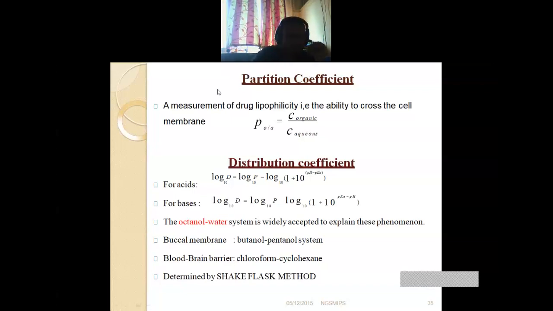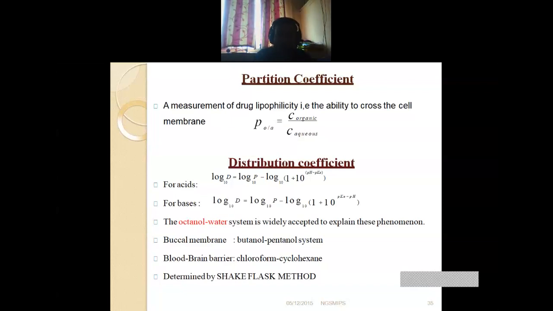So I'm just talking about solubility. Why is solubility important? When we are going to target the drug, it is very important that it should be disintegrated properly in a suitable medium. It should easily disintegrate and dissolve in the media.